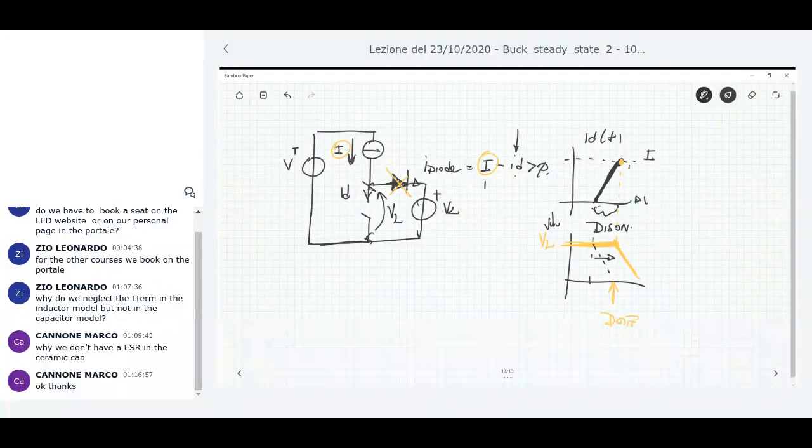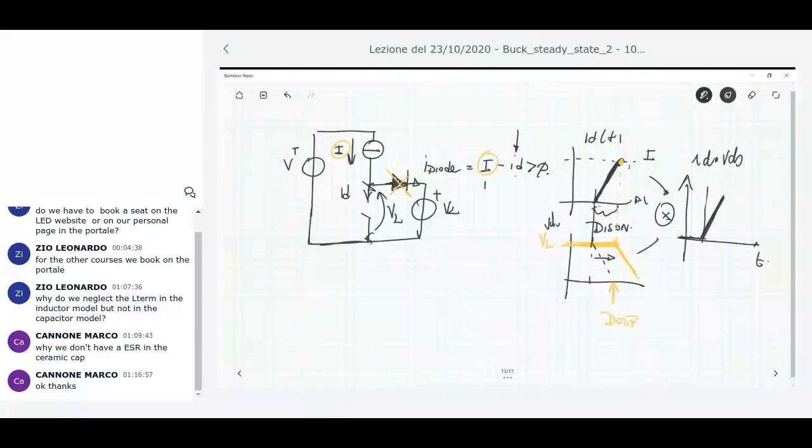If you want to multiply the two to get the power, I drain multiplied by VDS, which is the power versus time, you have 0 up to a certain point here, then it linearly increases, like the current, then at this point it goes down.